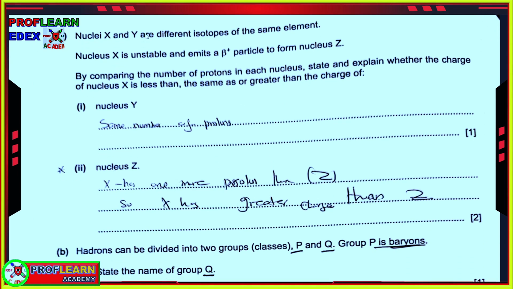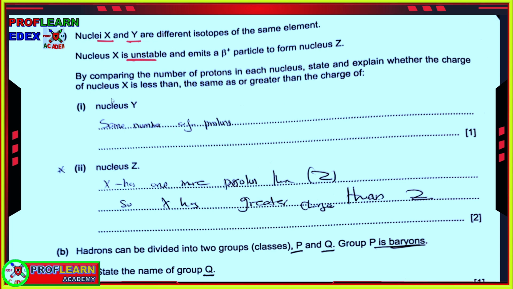Nuclei X and Y are different isotopes of the same element, meaning they have the same proton number. Nucleus X is unstable and it emits beta plus particles.